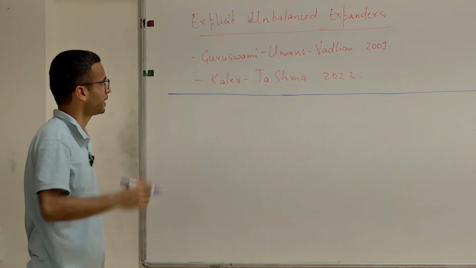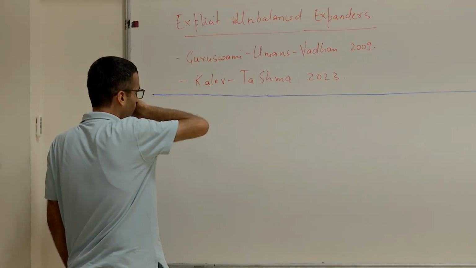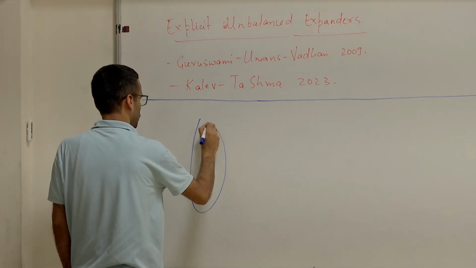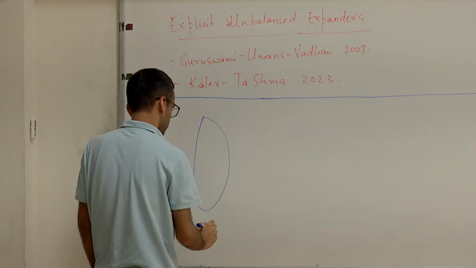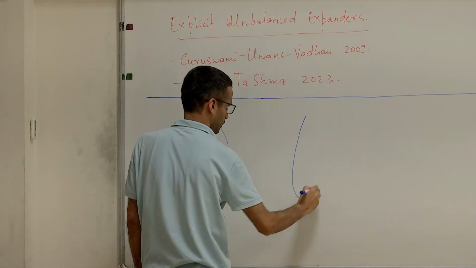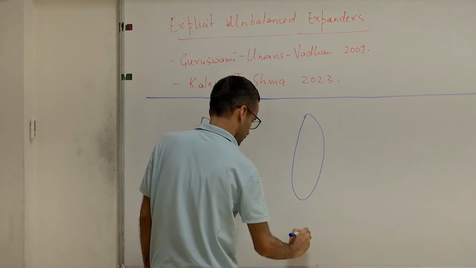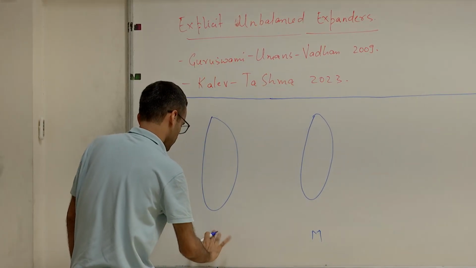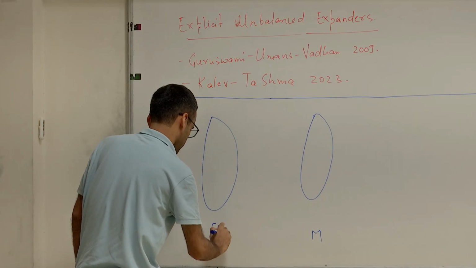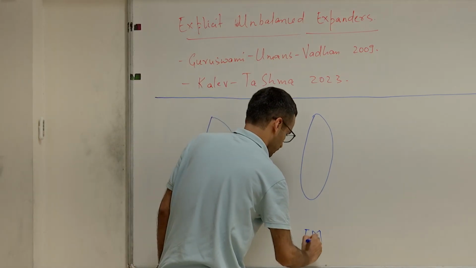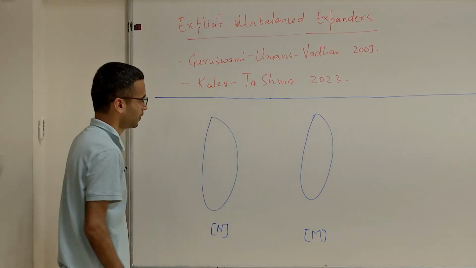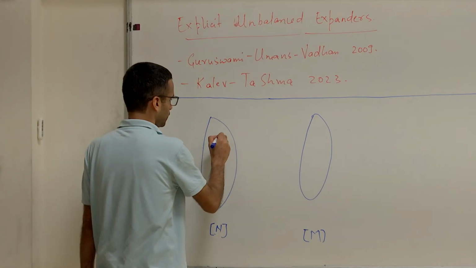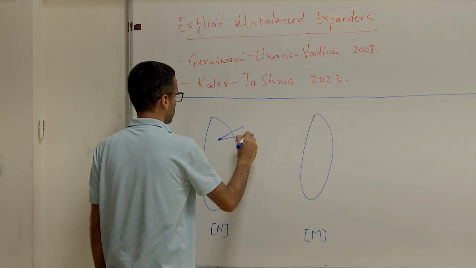Okay, so the setting is the following. We are going to be looking at bipartite graphs. There are n vertices on the left, m vertices on the right, and the graph is left regular.